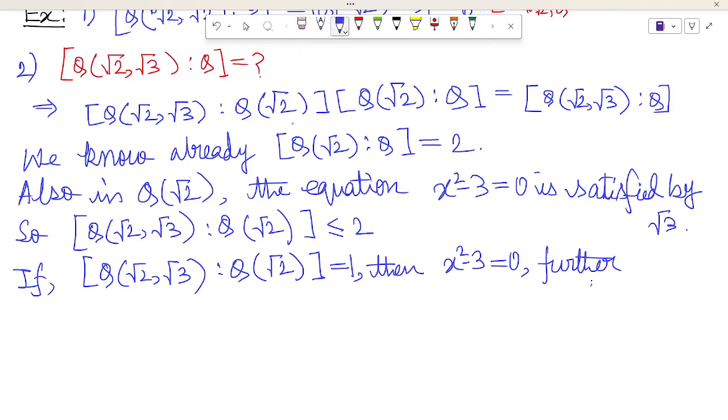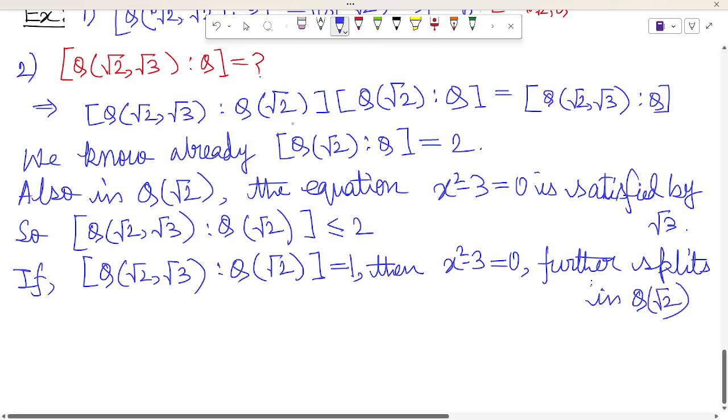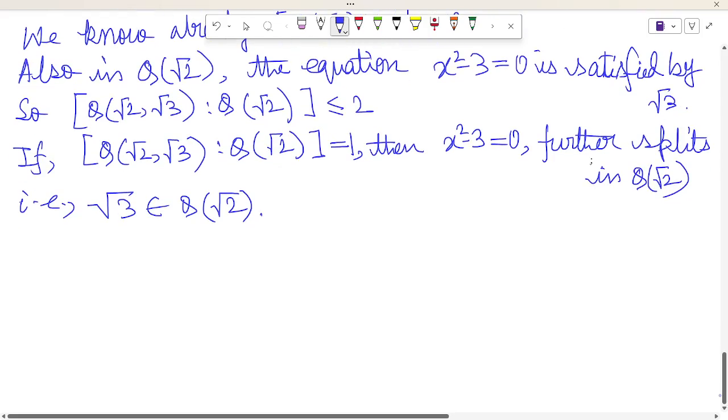Further, it further splits, that means root 3 is present in Q root 2. But it is impossible. Why is it impossible?